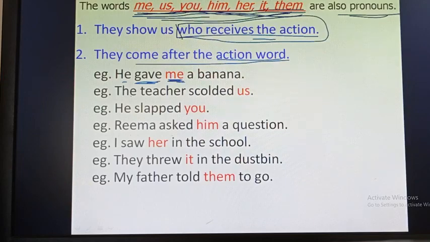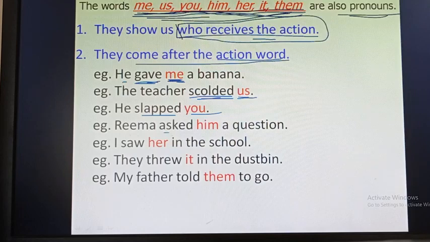Next, the teacher scolded us. Scolded is the action word and us is the pronoun. This accusative case pronoun us is coming after the action word. Next, he slapped you. The action word here is slapped. Rima asked him a question.